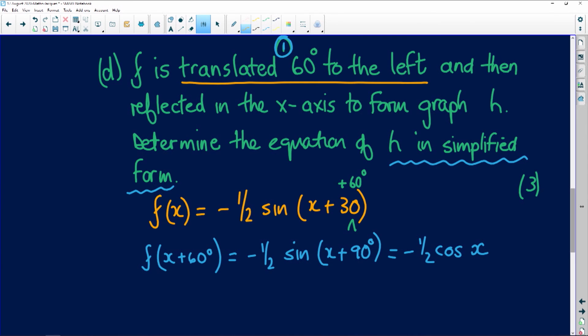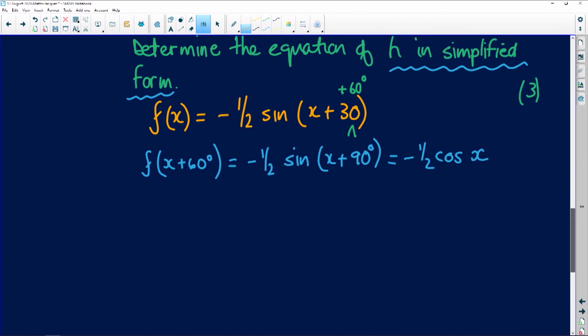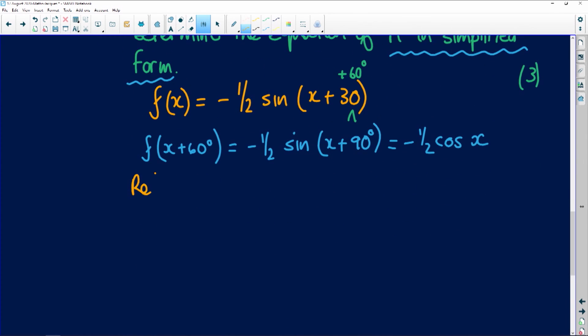Now we're ready to get h of x. What do we do now? Well, they say for the second transformation, you reflect it in the x-axis. Now, folks, we know that if we reflect in the x-axis, let me write this down. In the x-axis, the y's become minus y's.